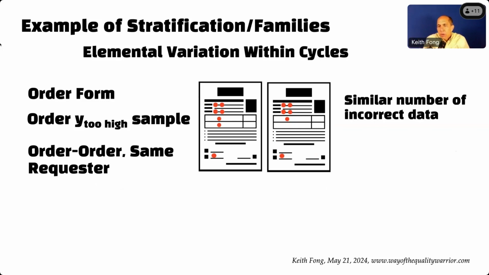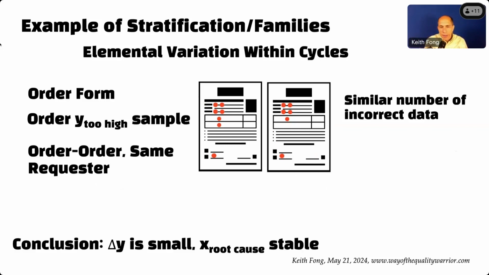There's a similar number of incorrect data. They're not identical, but it's close. So we would be inclined to say the delta Y here is small, so the root cause is really not active. Whatever happened between these two orders is not significant in driving a change in the Y.